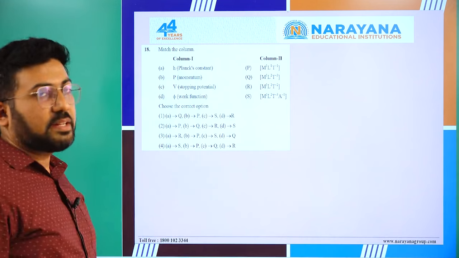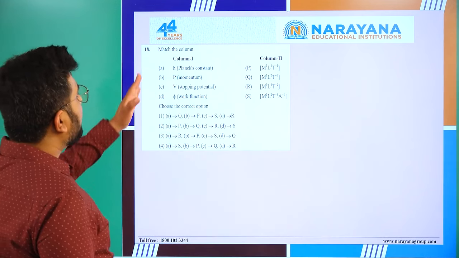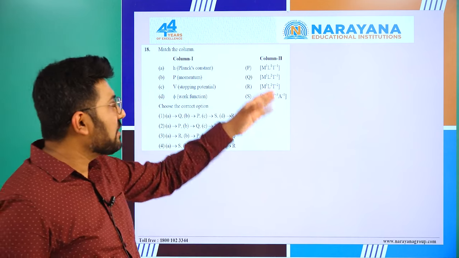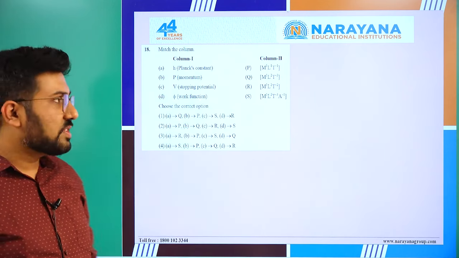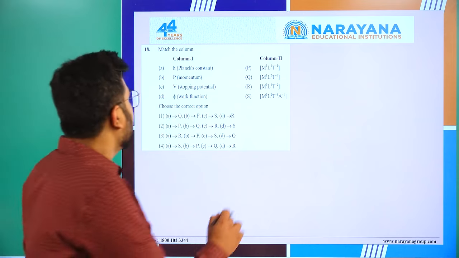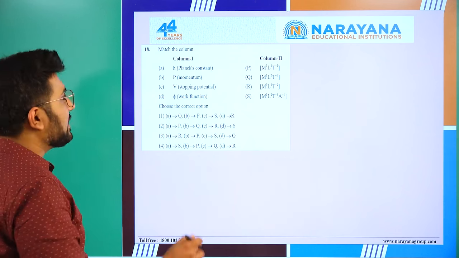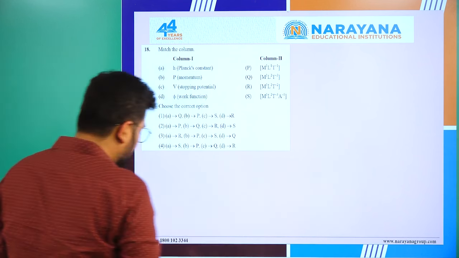In this question it is given there are different physical quantities on one side, on one column, and in the second column you have the dimensions. So, we just have to match the dimensions. So, first one is the Planck's constant. Fine. So, what is Planck's constant? You can use the relation E equals HF.